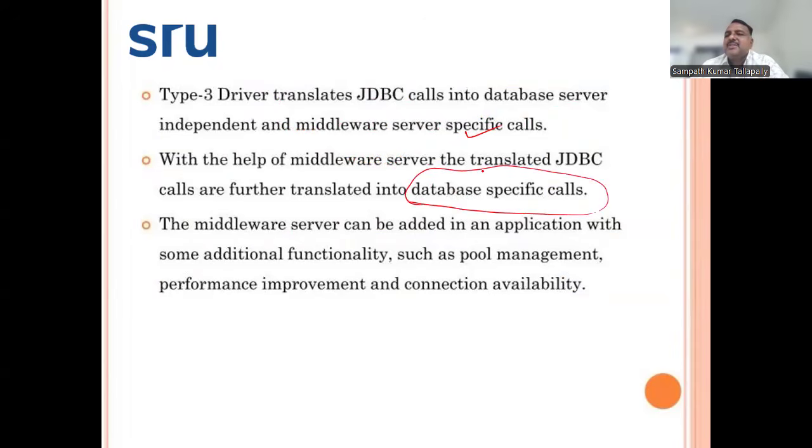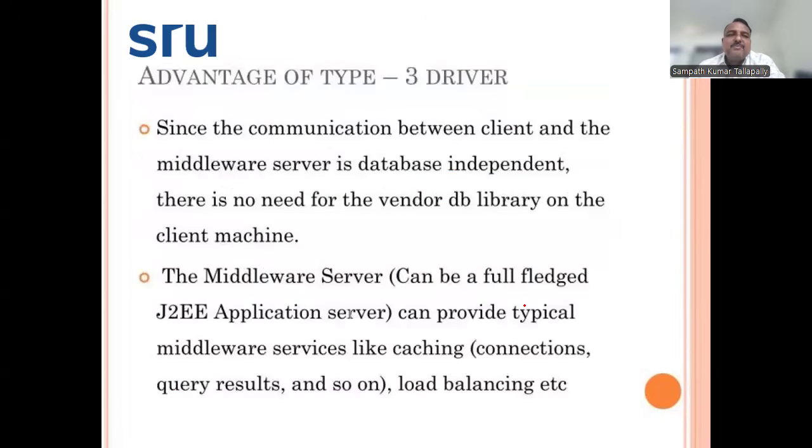Whatever instructions you give to the database are converted according to your database specific calls. And the middleware server can be added in an application with some additional functionality such as tool management, performance improvement, and your connection availability. So these are a few features we have for your type 3 driver.